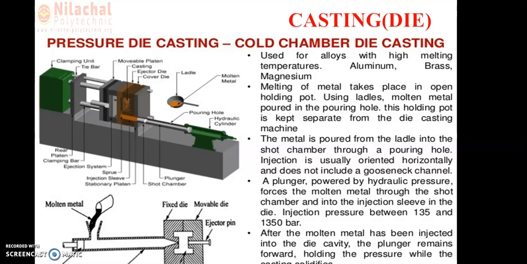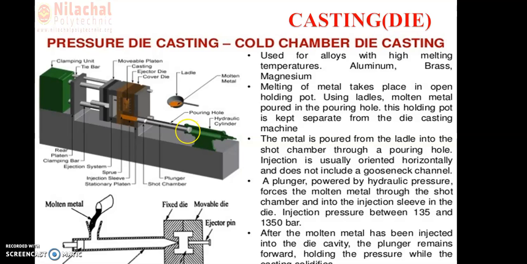Whatever metal is poured into the ladle is brought from the furnace. So if you compare with the hot chamber machine, the fluidity of that material is quite low in comparison.